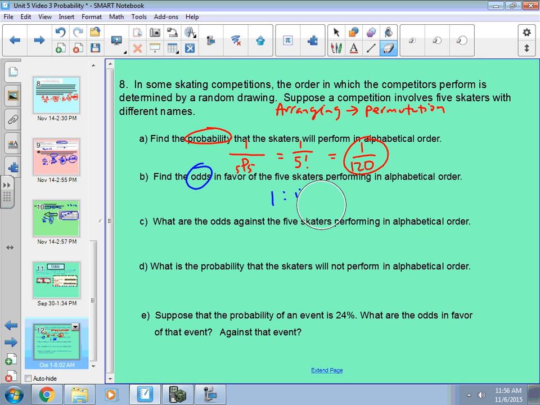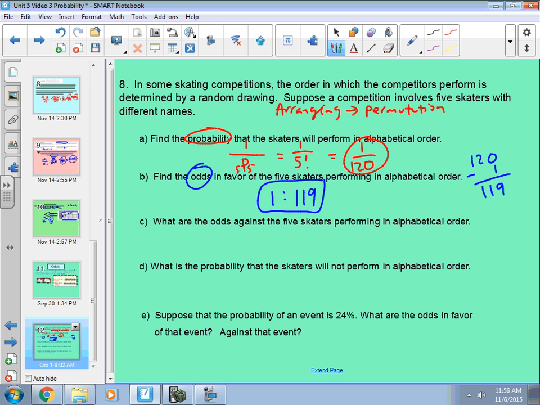What we want to put is the other possibilities that could happen: all the different ways you can arrange them except alphabetical order. So if we take our 120 ways that they could come out minus the 1 in alphabetical order, that leaves us with 119. So the odds would be 1 to 119.